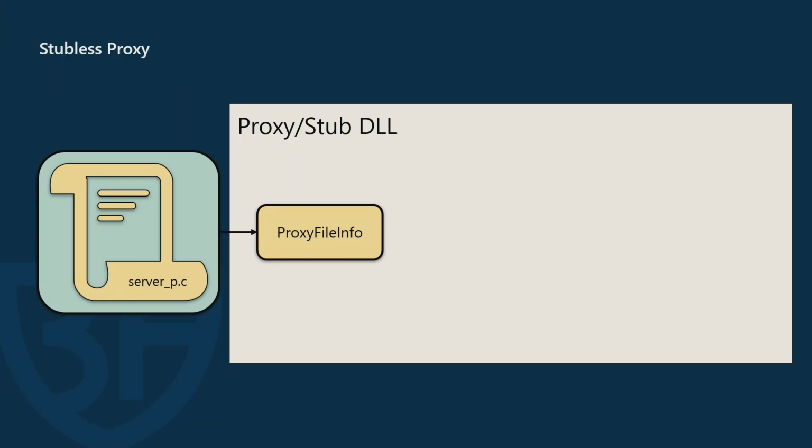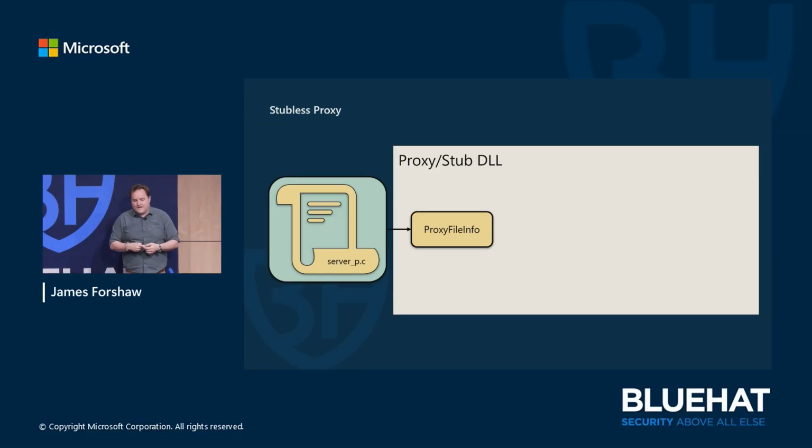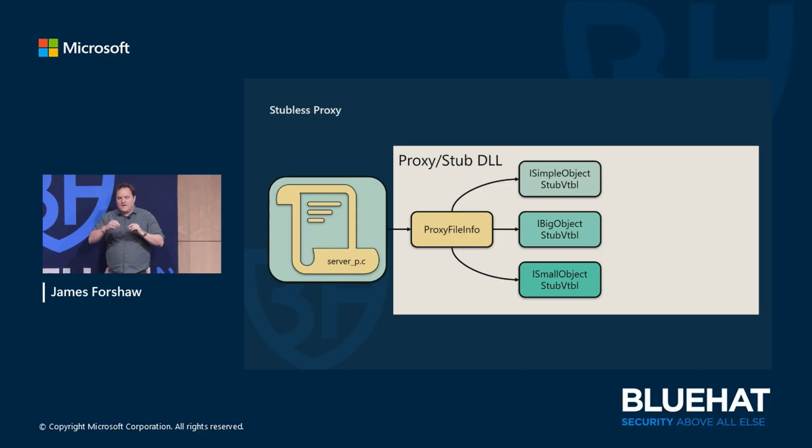OK, so the final proxy definition I want to go through is these stubless proxies. These are actually the native proxies that you generate. So the IDL is spat out into server_p.c, and inside there it defines a structure called ProxyFileInfo. ProxyFileInfo is just a holding structure for pointers to all the different vtables which define all the different proxies that the DLL will contain.